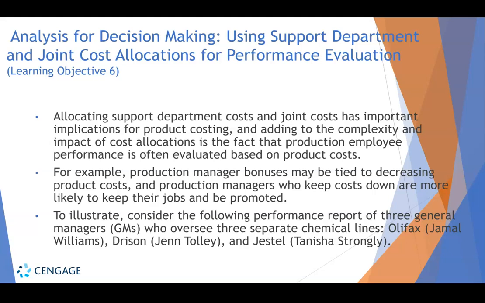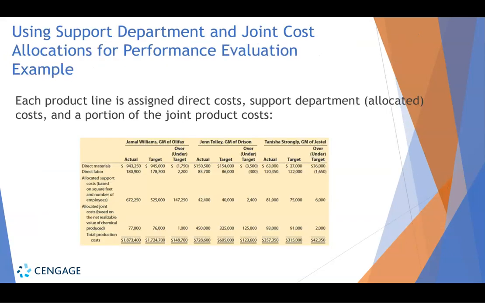So to look at this, let's consider the following performance reports of 3 managers who oversee 3 separate chemical lines. One oversees Olifax, Dryson, and Gestel. So this analysis here suggests that more information is needed to really evaluate these 3 general managers.